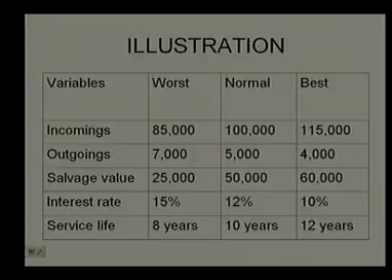So, what I have done is I have taken the values of different variables corresponding to 3 scenarios. One, under most likely condition, which I am calling a normal scenario. Second, under worst condition, which I am calling worst scenario. And finally, the best one, I am calling best scenario. Now, in some textbooks, instead of worst, they will be writing less favorable.